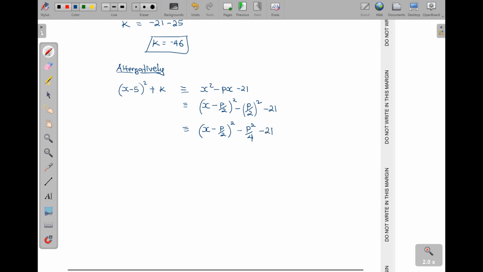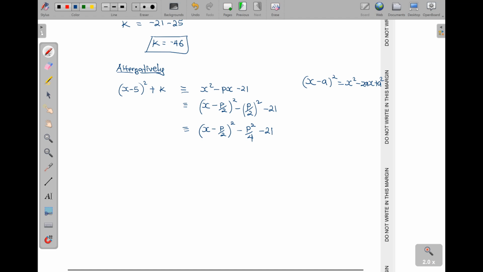Another person would ask themselves, why are they dividing by 2, and then putting it outside and squaring? It comes from here. I can have this expansion (x minus a) squared. When I expand this one, it is x squared minus 2ax plus a squared.